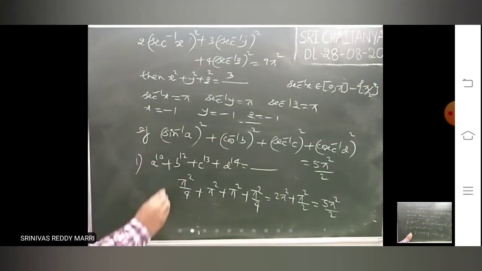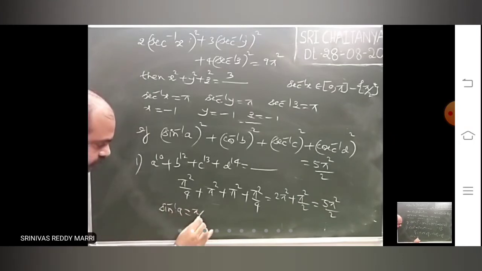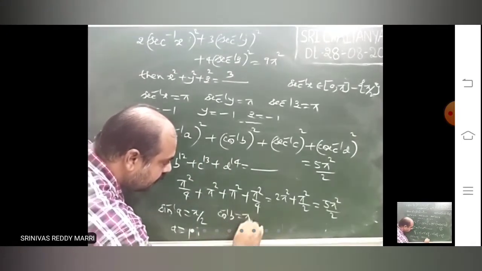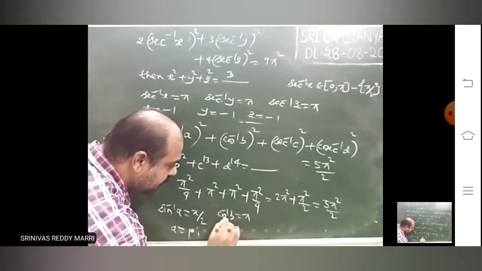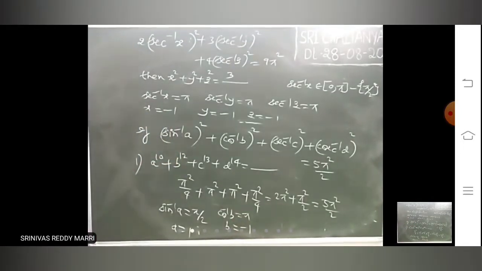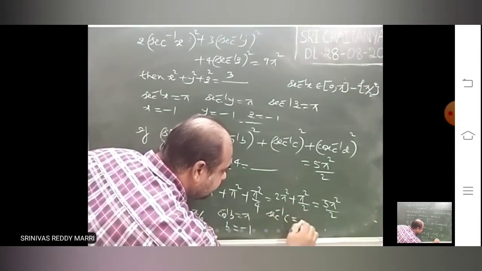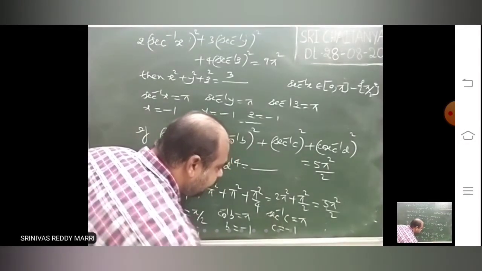So that means this must be pi by 2, maximum, so a equal to 1. This must be pi, so b is what? Cos pi means minus 1. Secant inverse c must be what? Maximum means pi. c is what?